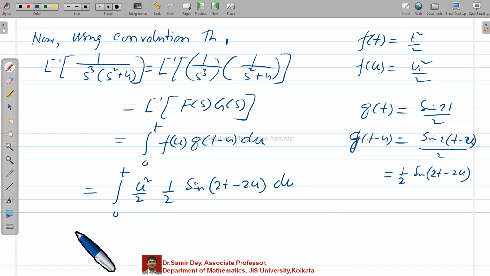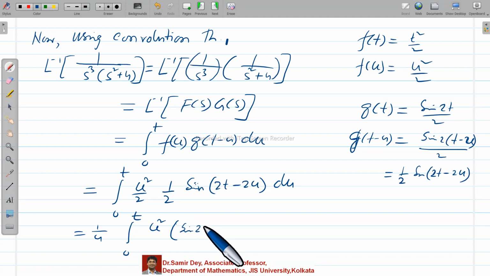Now 1 by 4 is outside, integral 0 to t of u square. Now here it is coming sine a minus b. Here t is a constant, you have to take it outside. Can you recall your sine a minus b formula?